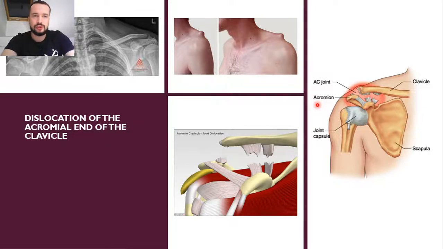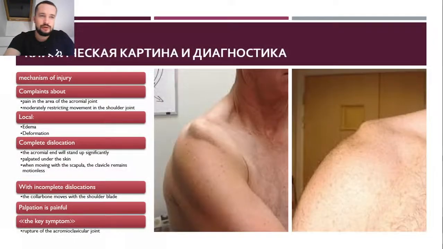Now we will talk just about dislocation of the acromial end of the clavicle, and we start with the clinic. I don't translate the name of the slide, but I think you understand that it is the clinical picture and diagnostics of patients with this trauma.